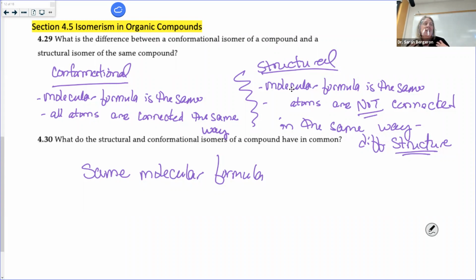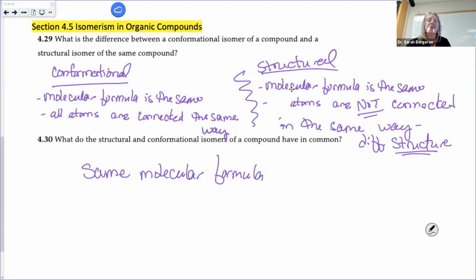If you took me and you detached one of my arms and detached one of my legs and flipped them and put my leg where my arm is and my arm where my leg is, would I still be made of the same stuff? Yes, I'd still have the same number of carbons, the same number of hydrogens, but would I be the same? No, that's a structural isomer. So structurally, I would be built very different, right? That'd be really weird. But that's your difference there.